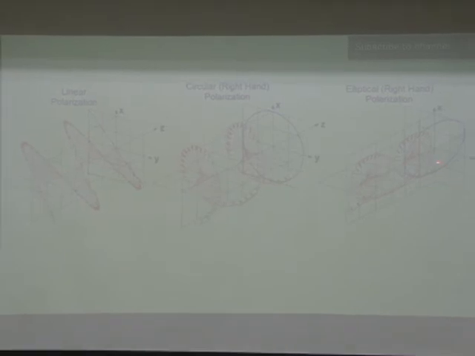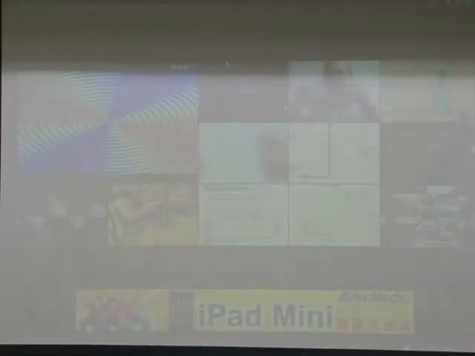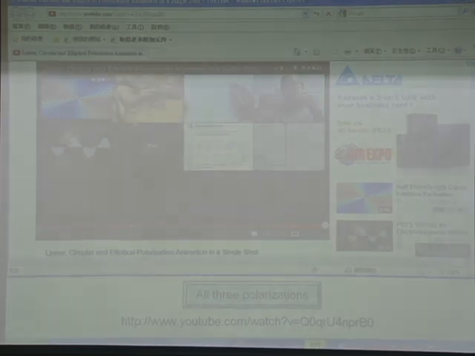And this is the right-hand polarization. This sense of rotation, when you view from this direction, you're going to see that it's rotating according to your right hand rule. Okay, and this is the elliptical polarization. The electric field amplitude is sort of uneven when you rotate. So let me do it again.